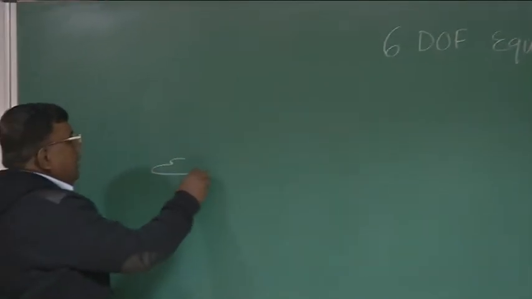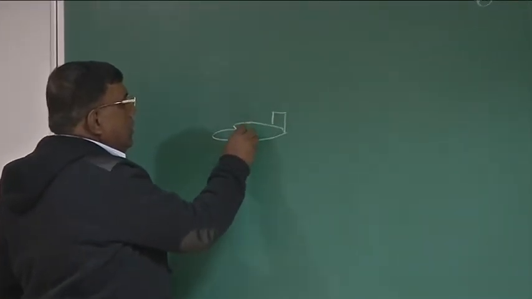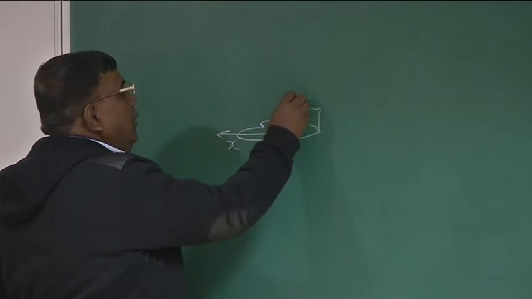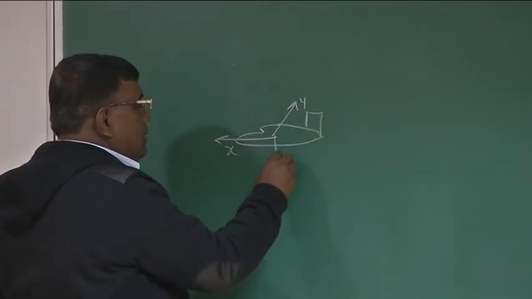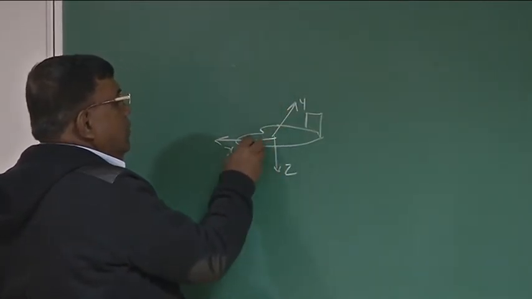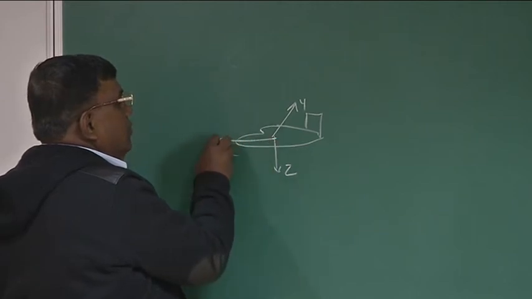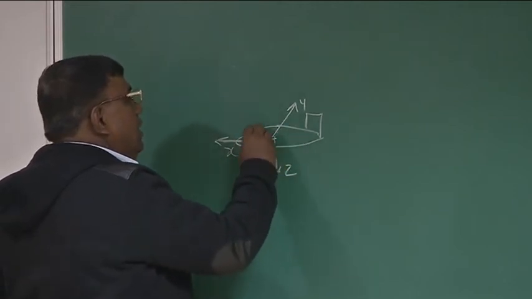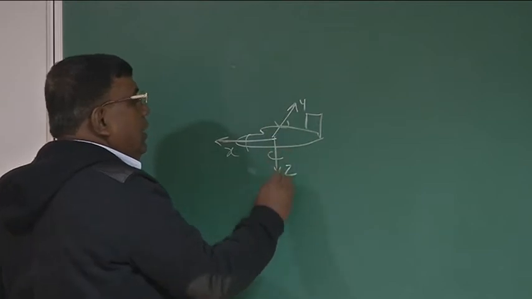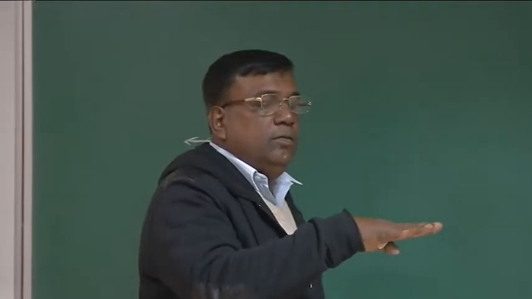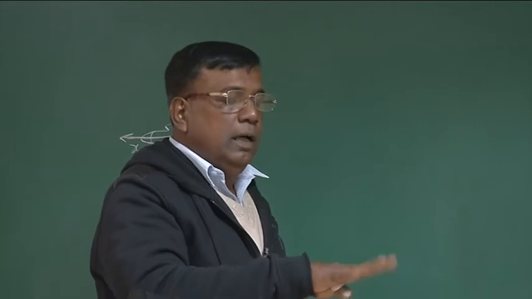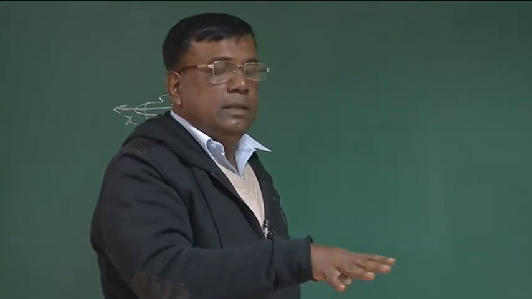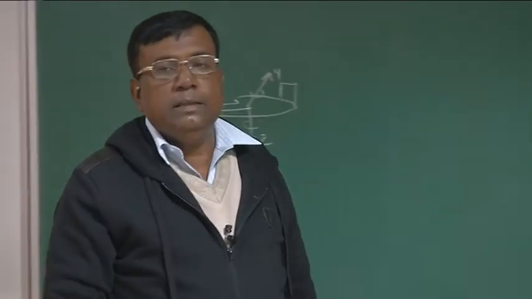If this is the airplane, we have x, y, z. So there is translatory motion along x, along y, along z, and rotational motion about x, y, z. That is these 3 motions, and these 3. Right? There are 6 degrees of freedom.